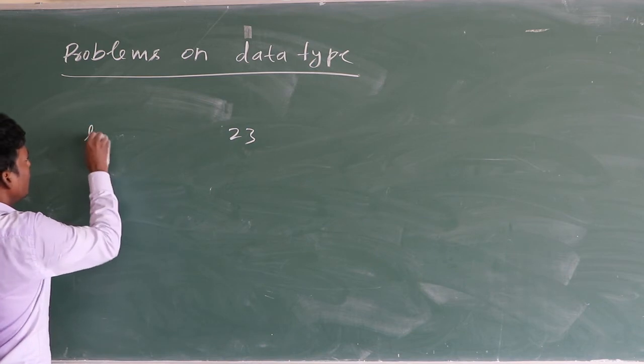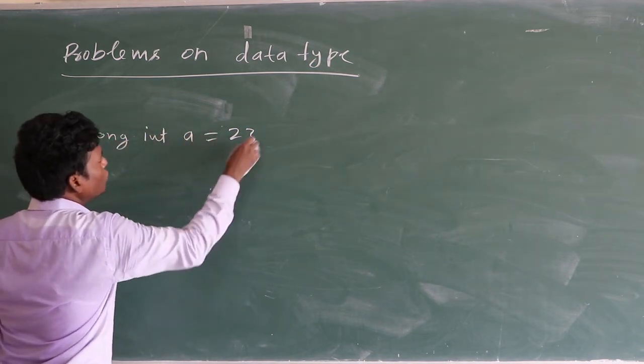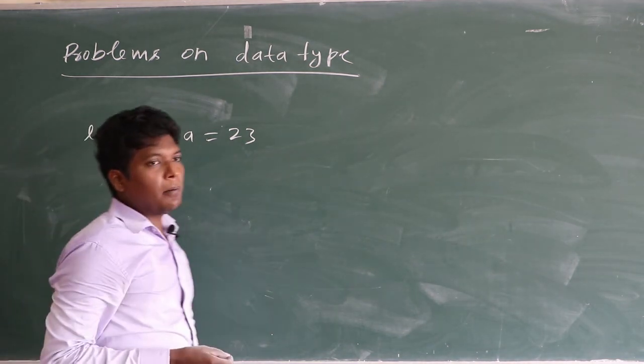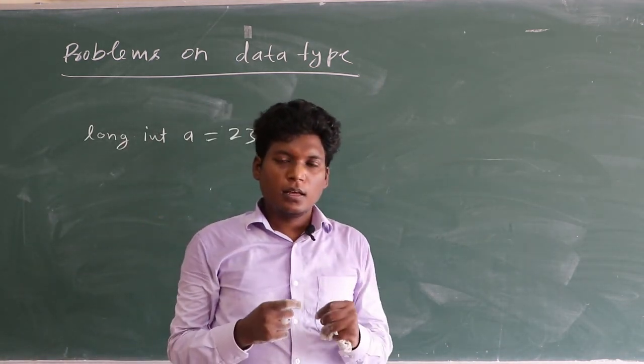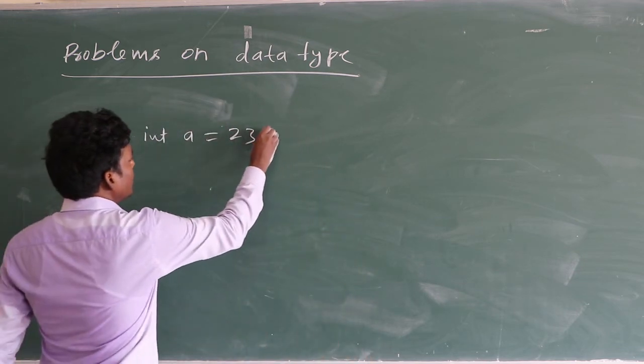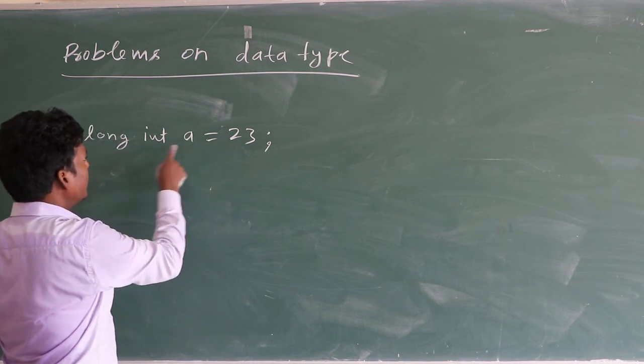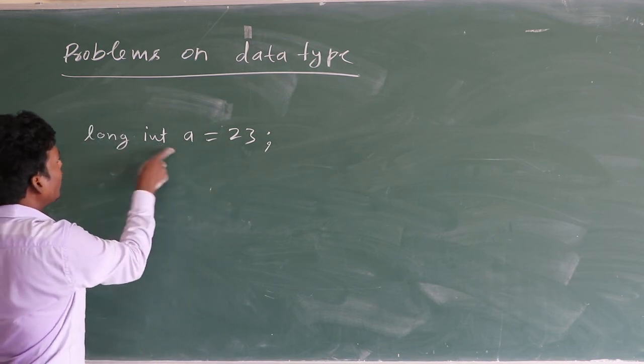For example, long int a equal to 23. There are some compilers which give an error because they consider 23 small enough to store in int, but you have written long int.